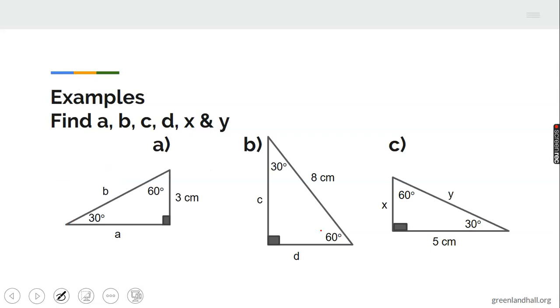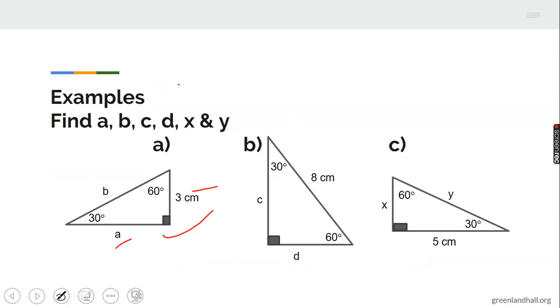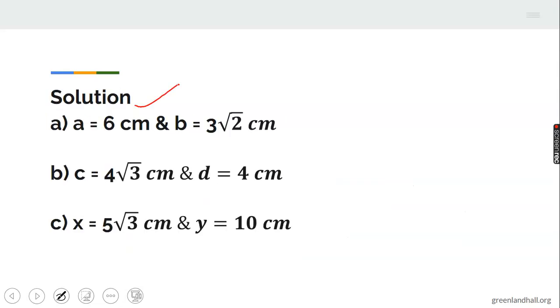In the first triangle here, the opposite is 3 and the adjacent is A. You can find A using tan. When we use tan, we will get A to be 6. And that of B will be 3 root 2.